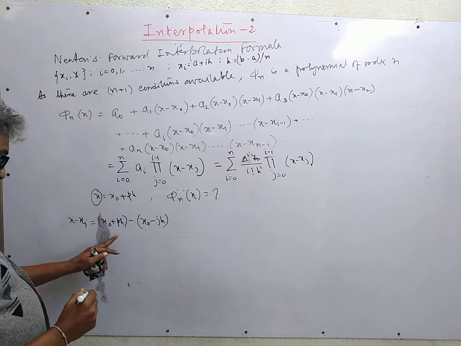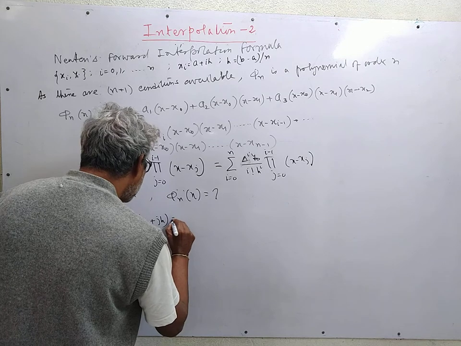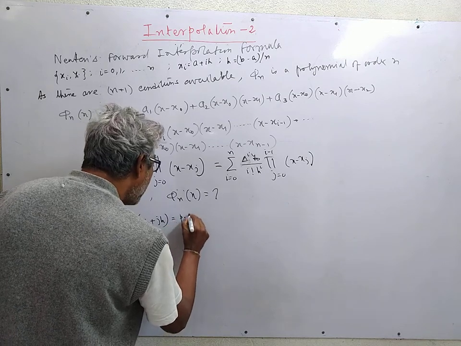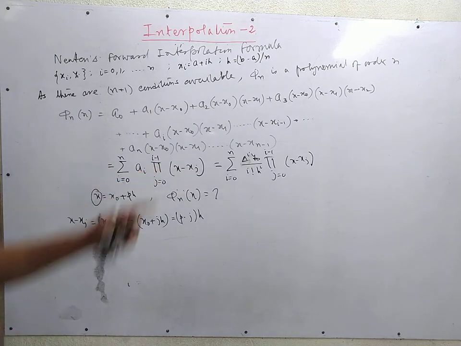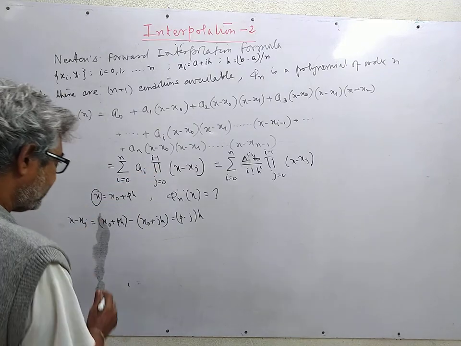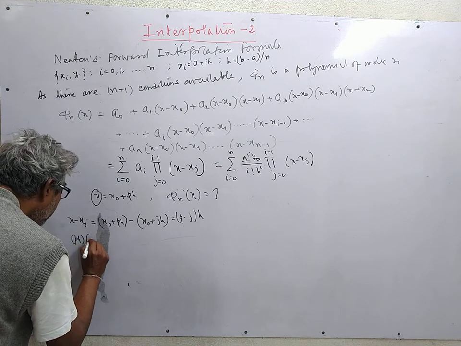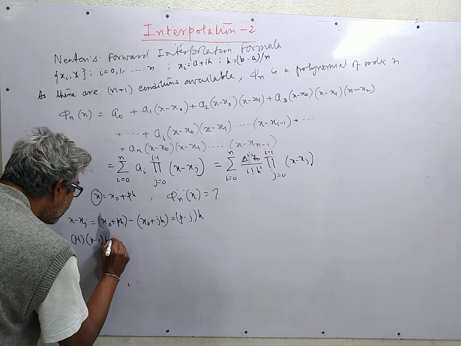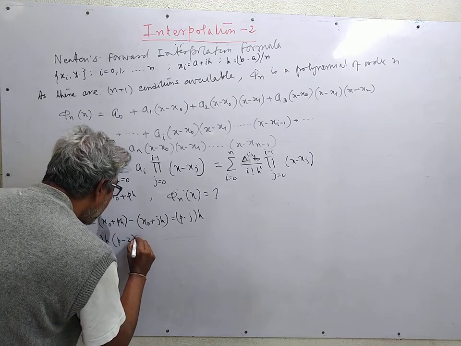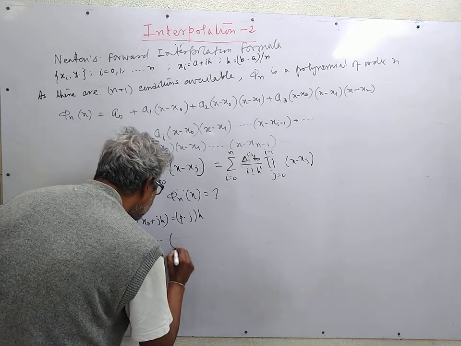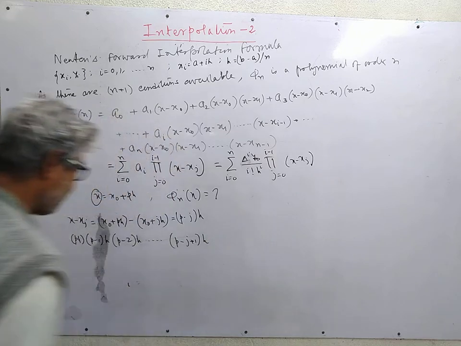So x0 cancels out. So this is p minus j times h. So with j is equal to 0, this is ph, then p minus 1 h, then p minus 2 h, and so on and so forth.